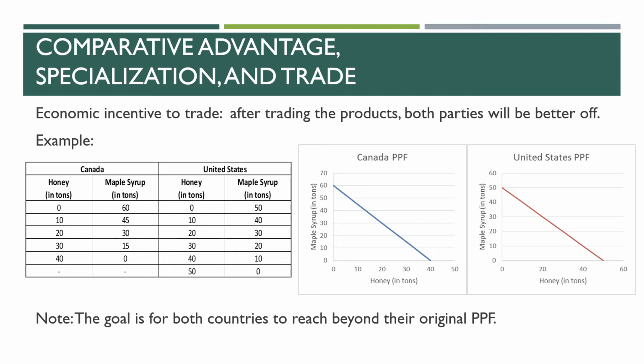The ultimate goal in this demonstration is to find a solution where the two countries can trade with each other, and at the end they can both be better off. By better off, we basically mean that both countries can reach beyond their PPF at the same time.